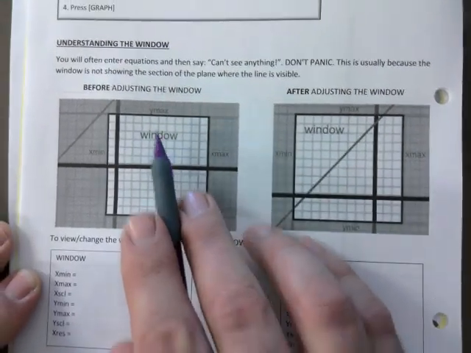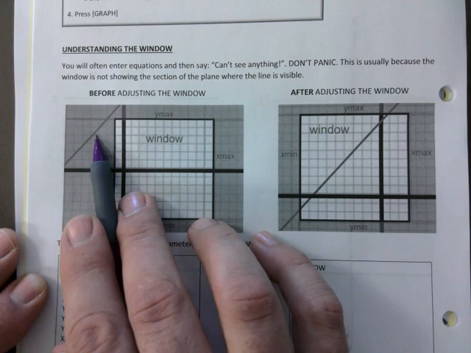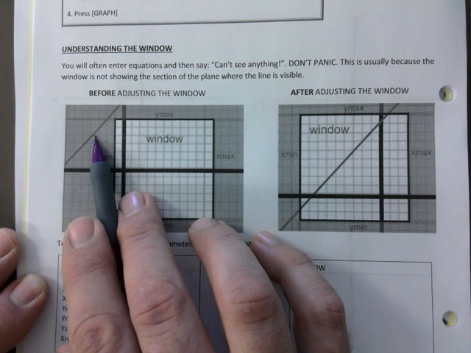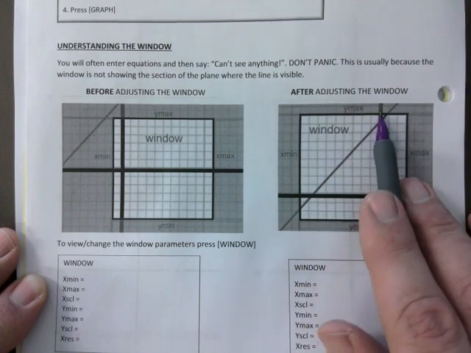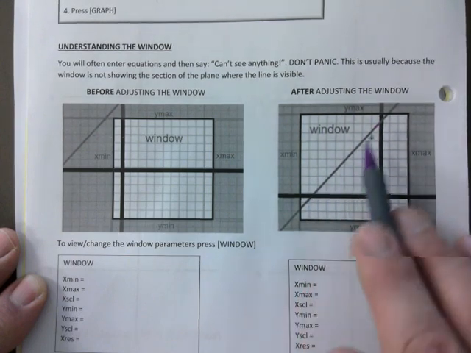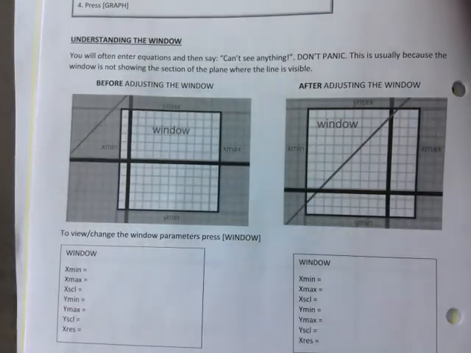But if your window parameters are not set to where the line is visible, you will completely miss it. So you have to change your window so that you start seeing the intercepts, x and y intercept for sure, and then move on. We don't have a vertex, so we don't have to worry about that with linear equations.